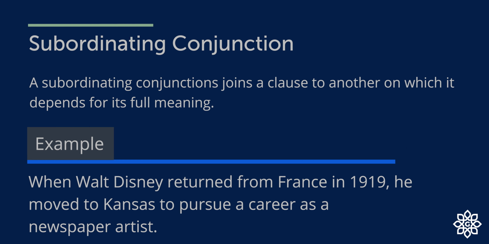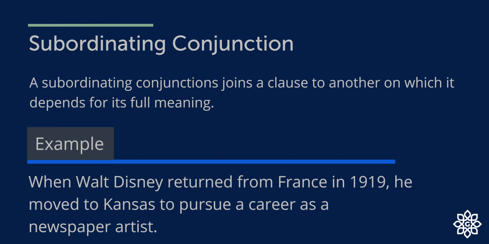Let's look at this with an example. When Walt Disney returned from France in 1919, he moved to Kansas to pursue a career as a newspaper artist. In this sentence, the part he moved to Kansas to pursue a career as a newspaper artist conveys a complete thought and has a subject and a verb. However, when Walt Disney returned from France in 1919, does not convey a complete thought and depends on the other part to make complete sense.